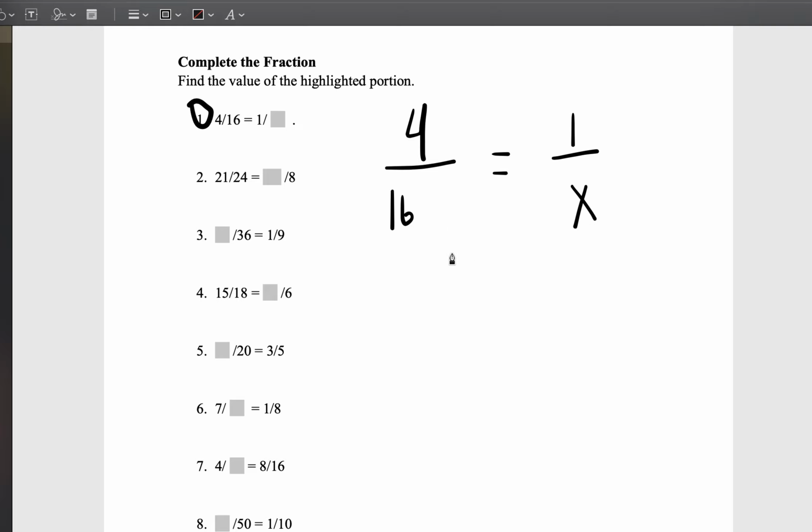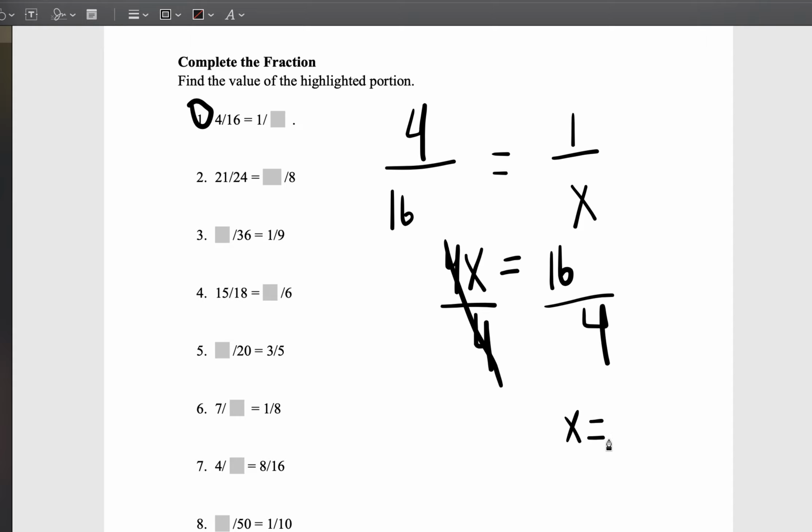So 4 times x is 4x, and 1 times 16 is 16. If you know your algebra, to get x by itself, divide by 4, because you do the opposite. 4 cancels out, so x equals 4.